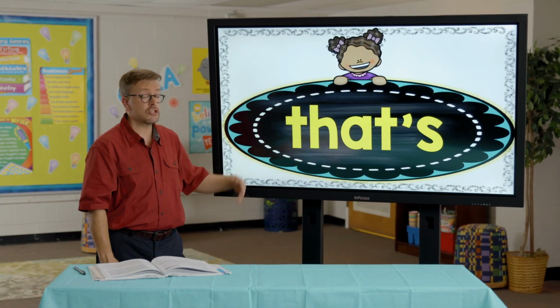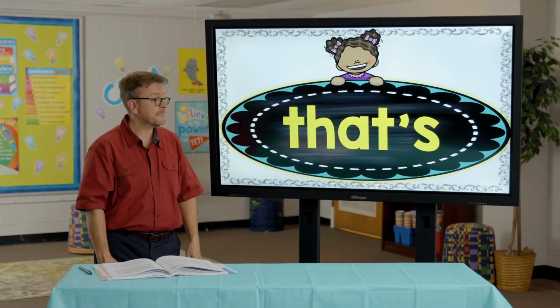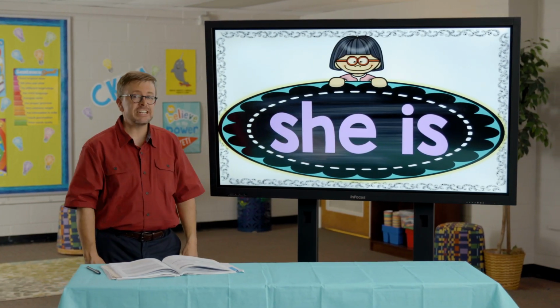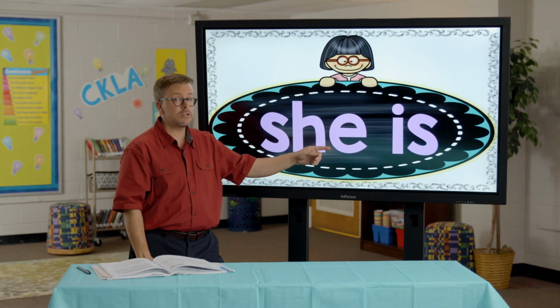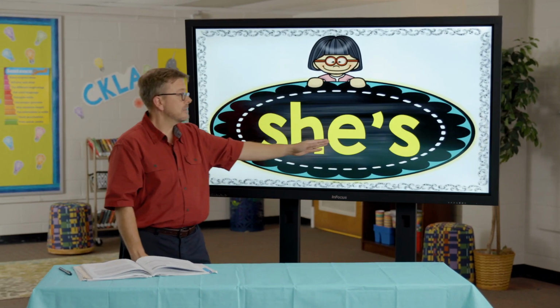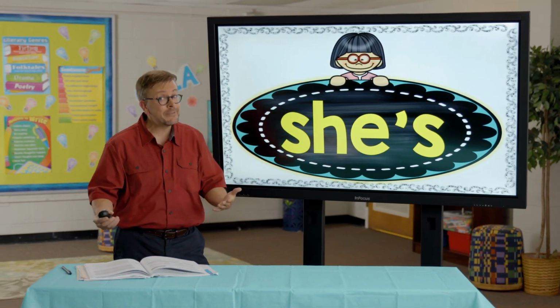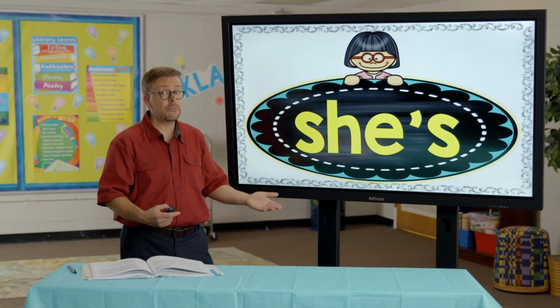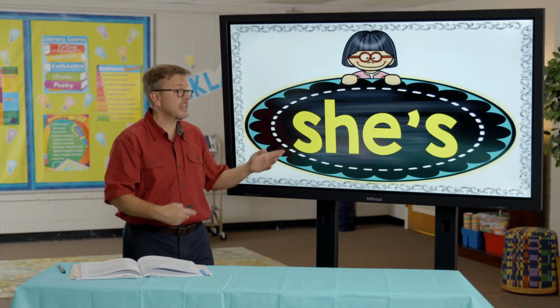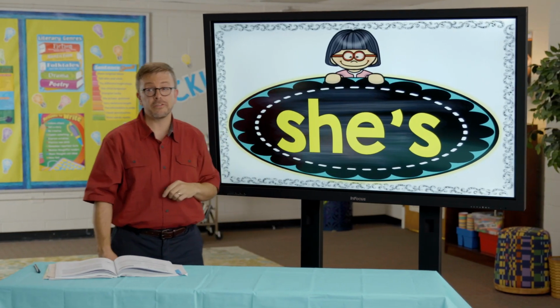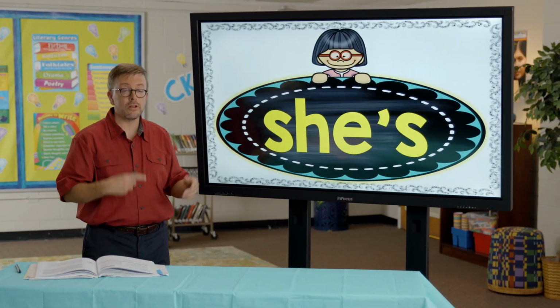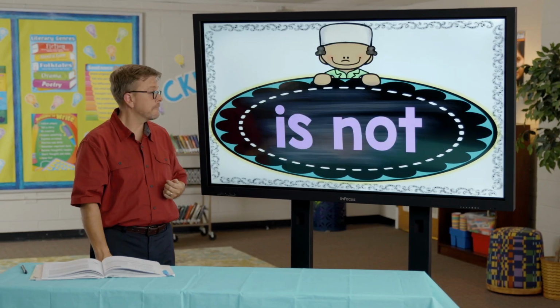But your contraction that you need to learn how to spell is that's. How about she is? We're going to take that I out and replace it with an apostrophe, so we have the word she's. Same thing can happen here, boys and girls. It could be she is or she has. It could both be replaced with the apostrophe. So you have to be very careful and think about the sentence that you're reading.